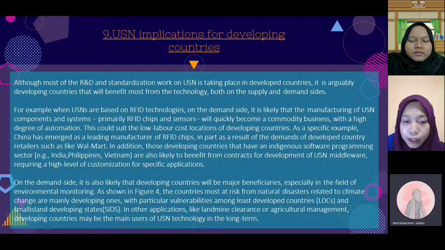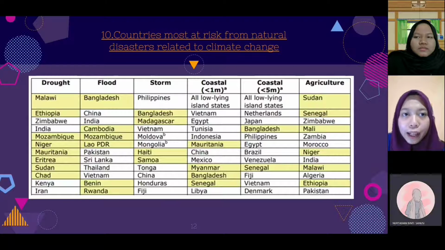In other applications like landmine clearance or agricultural management, developing countries may be the main users of USN technology in the long term. This is the table of countries most at risk from natural disasters related to climate change.